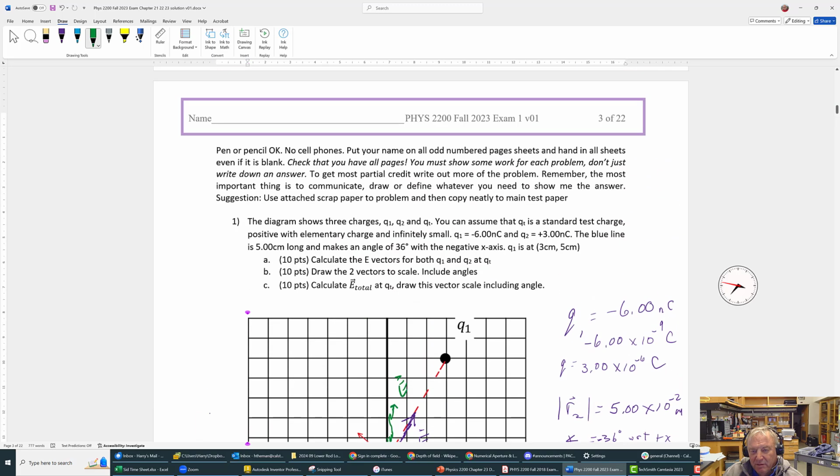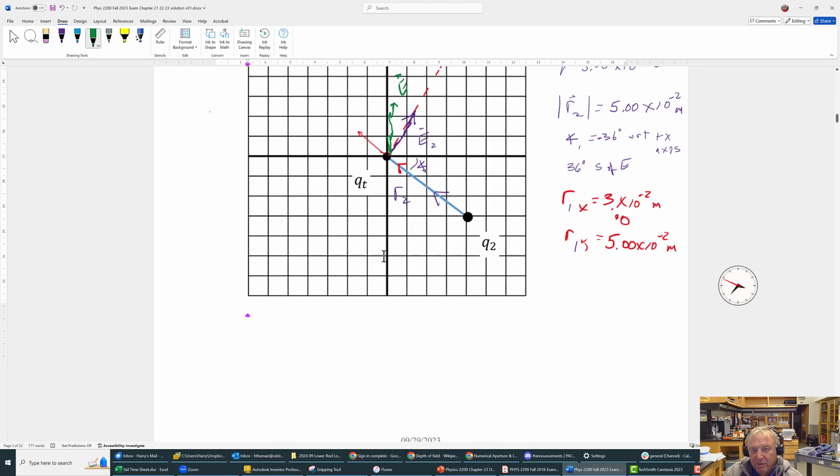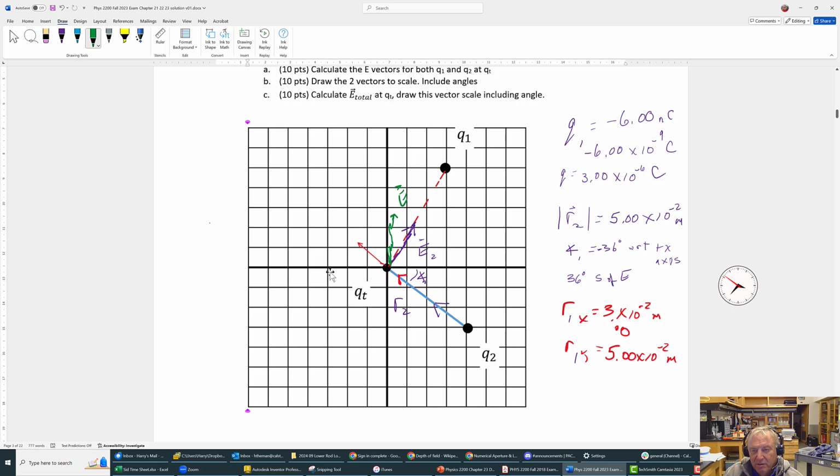So we already know the components for E1. And, ooh, I goofed here too. Look at that. It's late in the day, and I'm tired. So this one is E1, and then this one is E2.